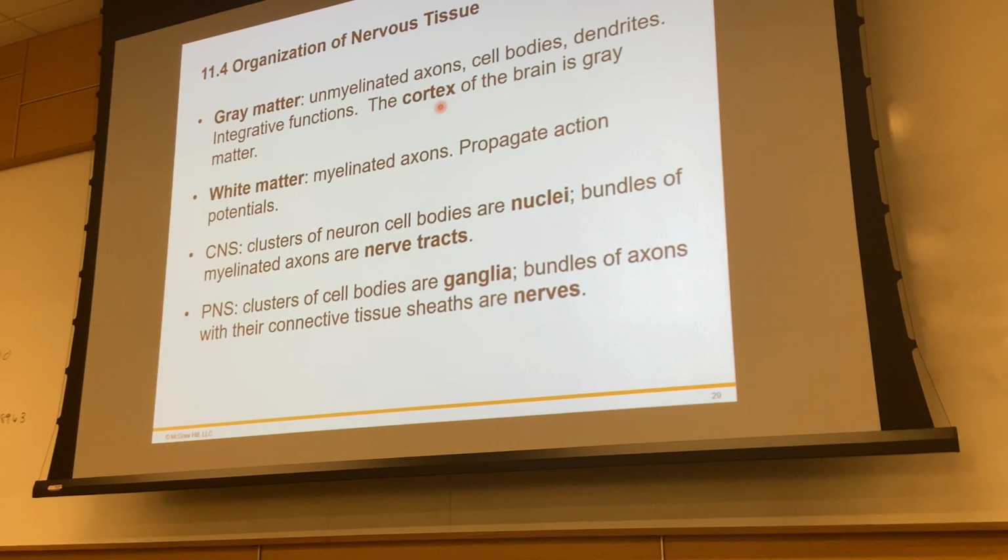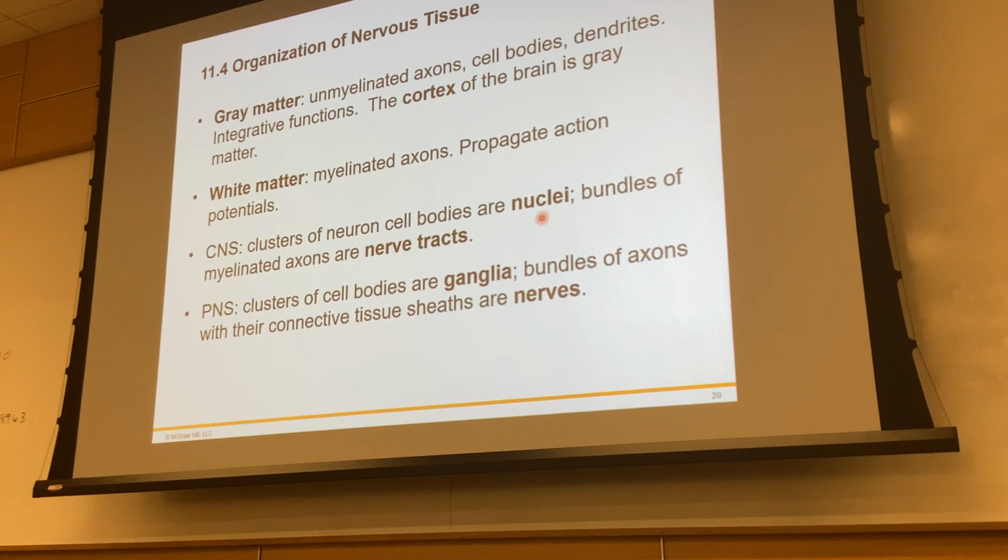When we're talking about gray matter here, the cortex of the brain is by definition gray matter. There are particular areas of the brain, such as the corpus callosum, that are white matter surrounded by gray matter. In the central nervous system, as opposed to the peripheral nervous system, when you group neuronal cell bodies together, you call them nuclei.